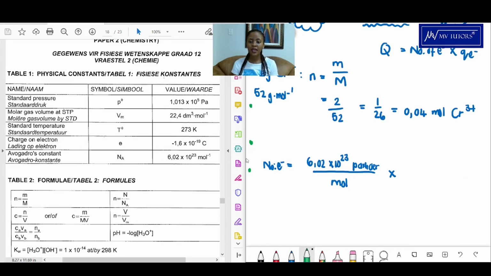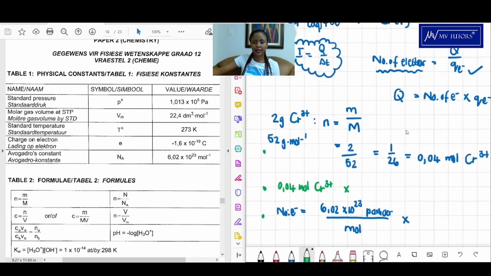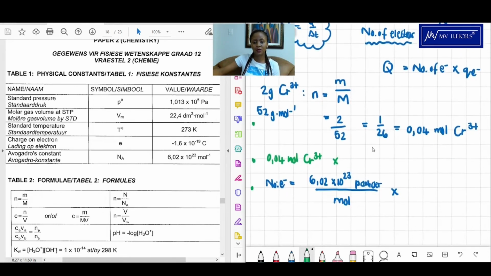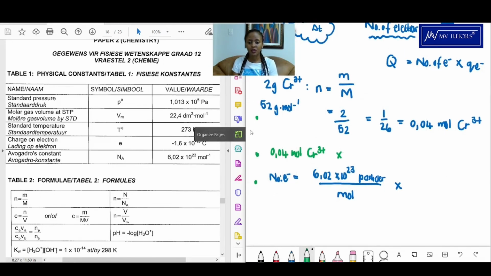Okay, so we have 0,04 mole of chromium 3 plus. Looking at the formula that we wrote down, remember this formula? I have 1 mole for chromium 3 plus, and I have 3 mole for the electron.